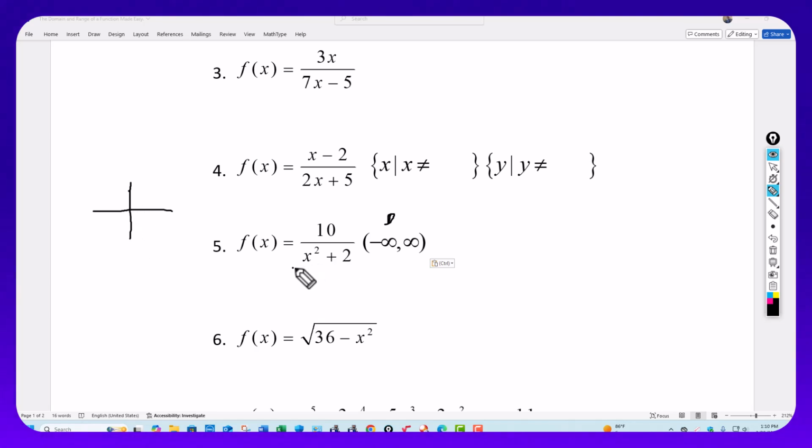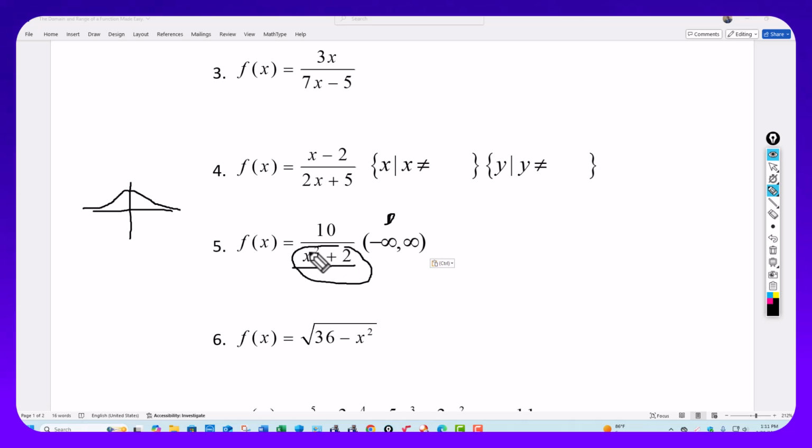And then what happens as x gets large? Say x is 10, 20, or negative 10 or negative 20. What's happening is the denominator gets larger and larger, so the y values get smaller and smaller. So actually that graph comes down like this. It never gets to 0.